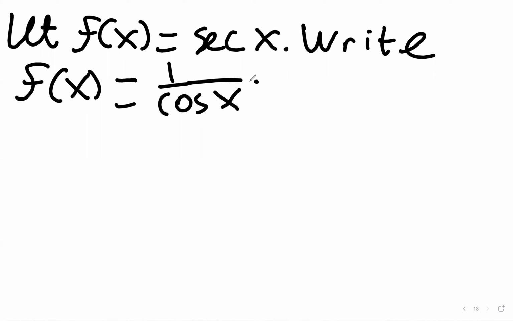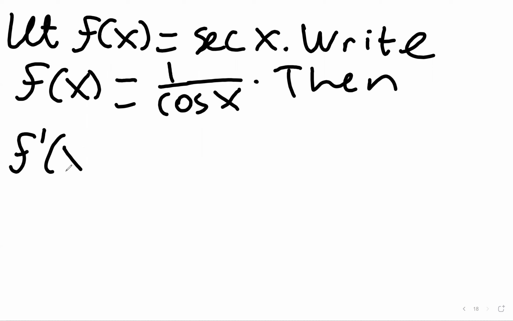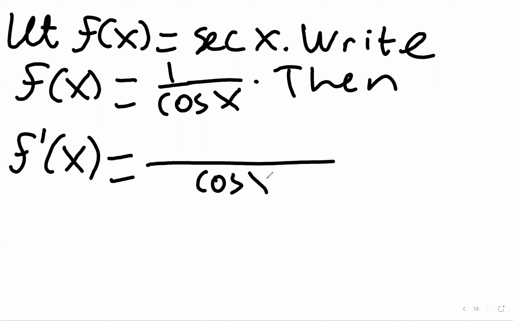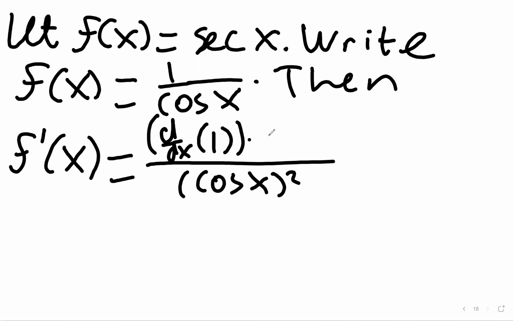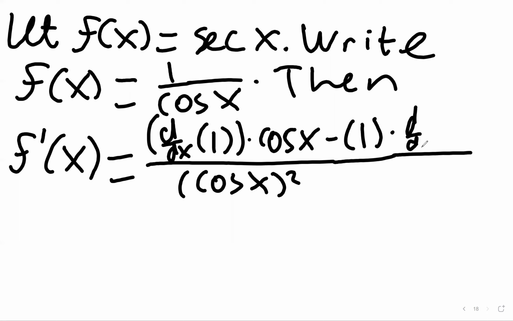Then the derivative f prime of x equals, here, cosine of x square in the denominator, and then the derivative of 1, I will use the Leibniz notation, d dx of 1 multiplied by cosine of x minus 1 multiplied by the derivative of cosine of x.